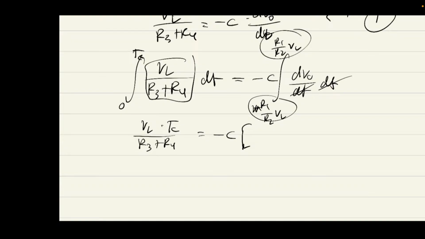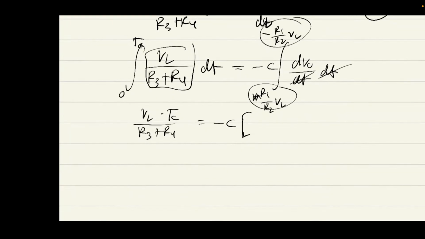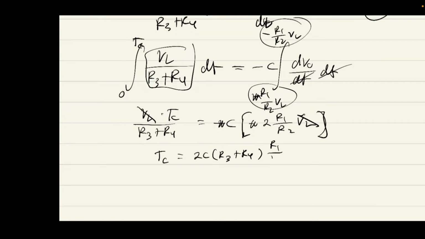Sorry, this one should be positive and this one should be negative because we are charging the capacitor, okay? Okay, negatives cancel out, the VLs cancel out. We can solve for TC, it's just 2C times R3 plus R4 times R1 on R2.